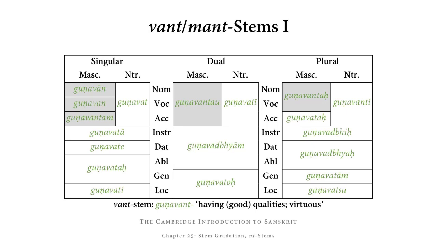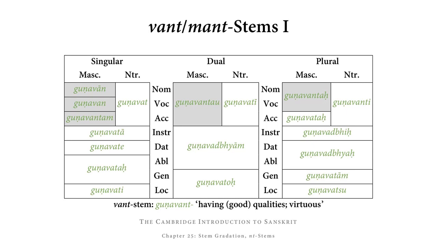But in front of bhyam, the ending which begins with a voiced consonant, we then have the t, which is unvoiced, also becoming voiced, so changing into a d, and therefore we have gunavadbhyam. In the genitive and locative, finally, we have the ending os, which we also already know. Os begins with a vowel, and in front of this vowel, the t at the end of gunavat remains as it is, so we have gunavatos.